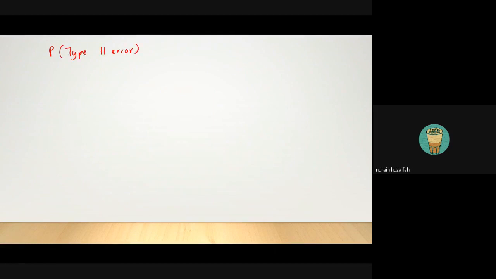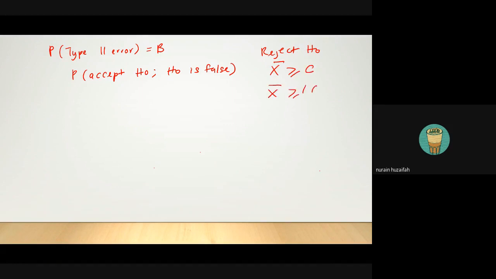Okay, refer to the definition. Type 2 error means beta, which is the probability you accept your H0, again when your H0 is false. Okay, accept H0. You will reject H0 if X bar is greater than or equal to C. So last time the C is 106.58.